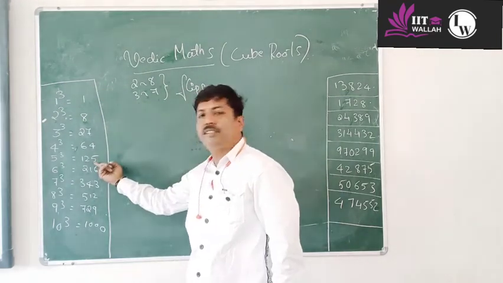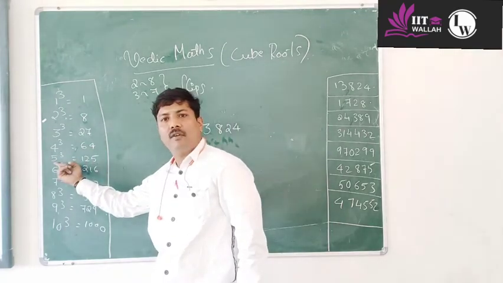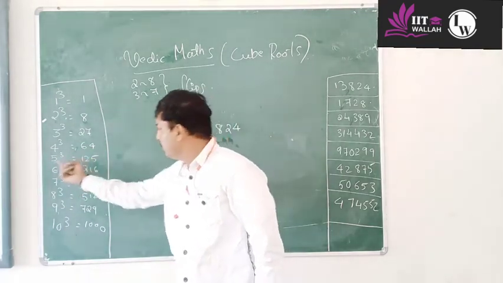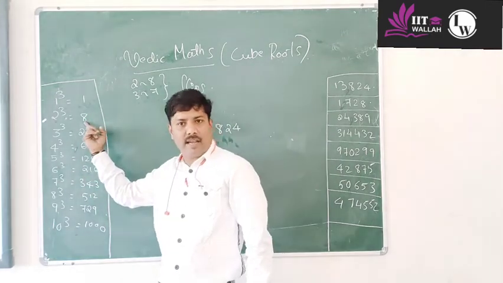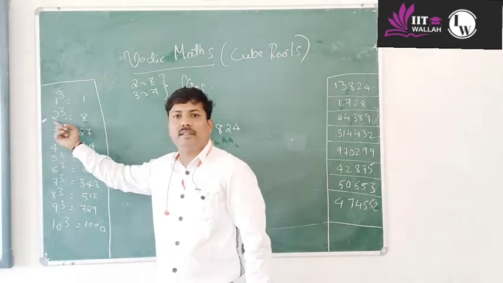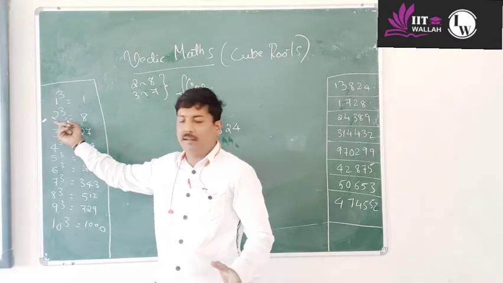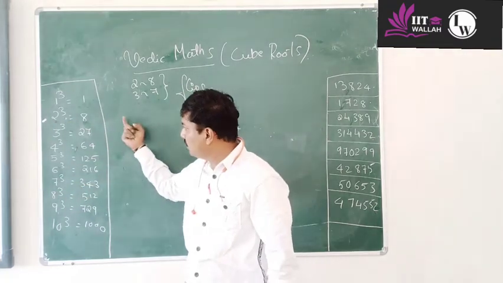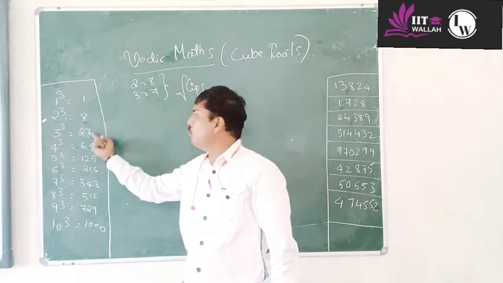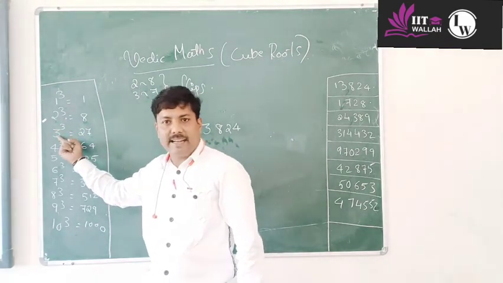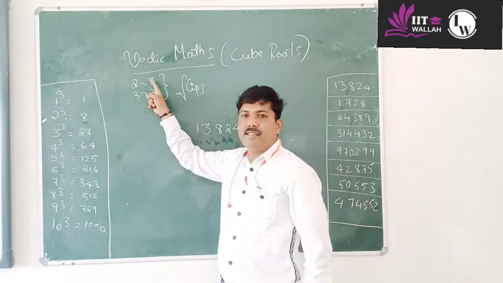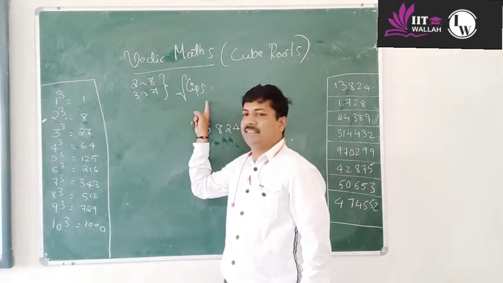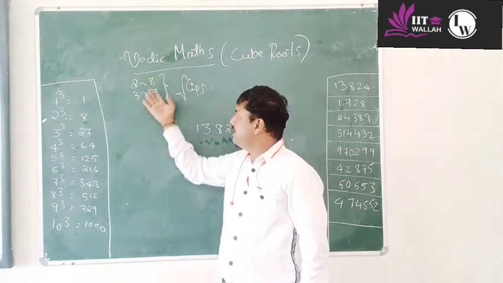If any number ends with 5, its cube root ends with 5. Same with 6. The only difference is, if any number ends with 8, its cube root ends with 2 and vice versa. If any number ends with 7, its cube root ends with 3 and vice versa. That means 2, 8, 3, 7. Right? It's easy to understand.